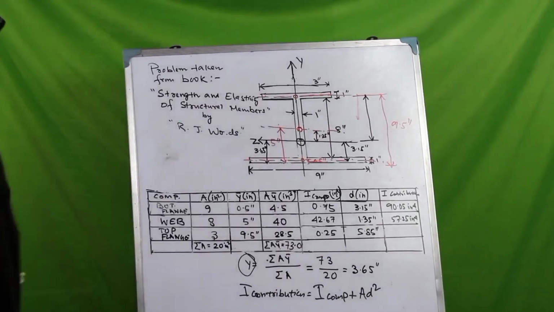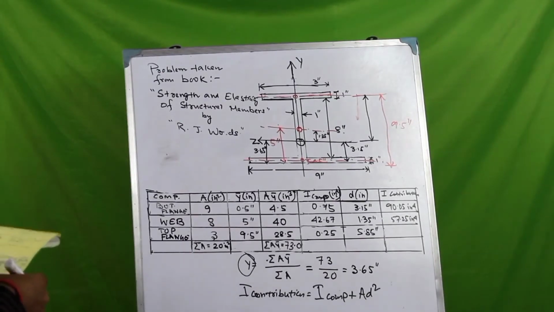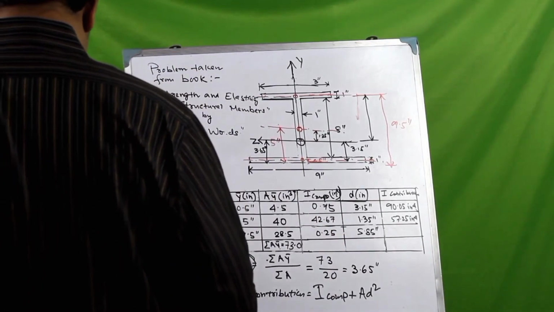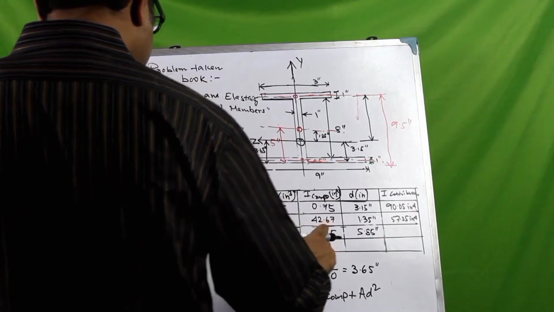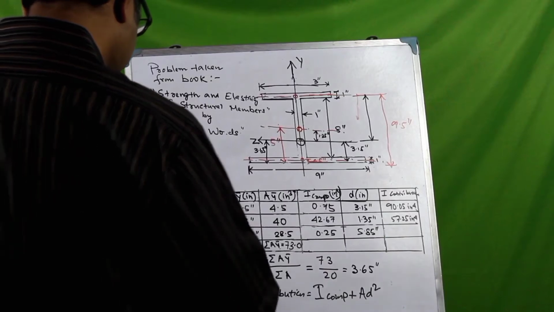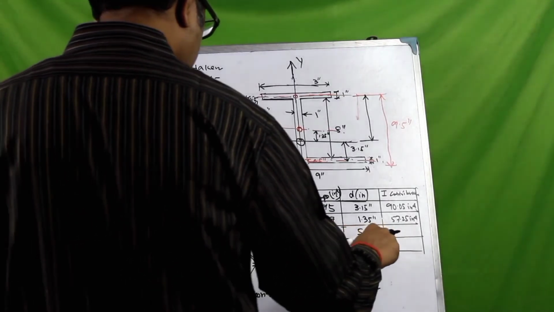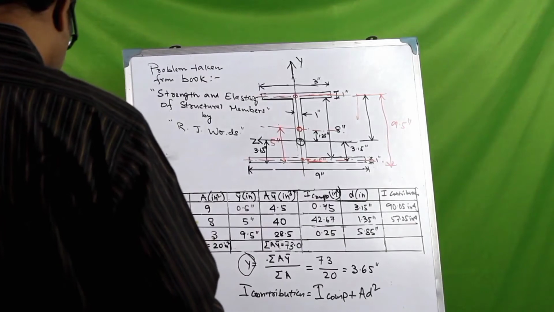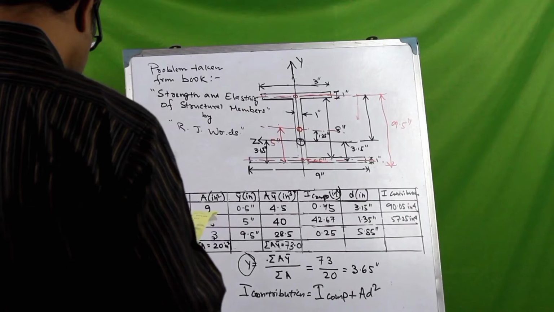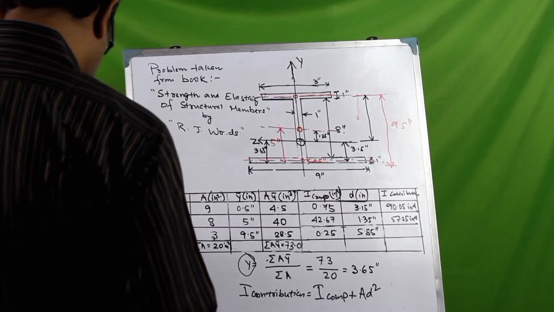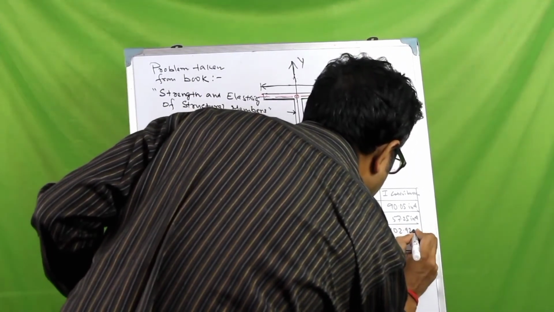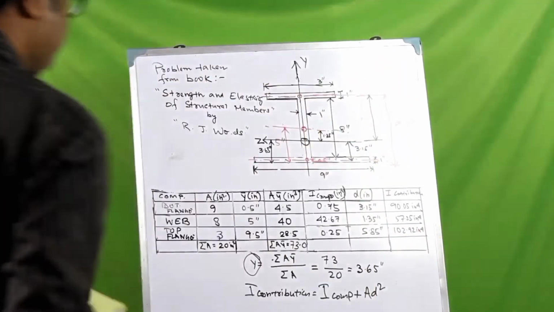Finally, for the top flange, we have the moment of inertia of the individual component as 0.25. So this is 0.25 plus the area, which is 3, into d square. So that is 5.85 whole squared. So that would give the value as 102.92 inch to the power 4.